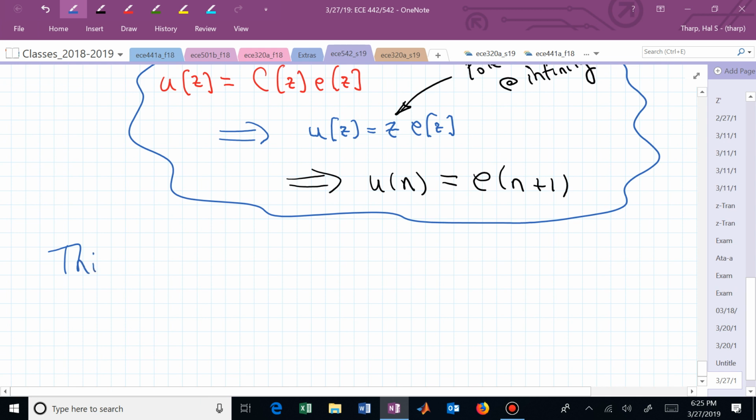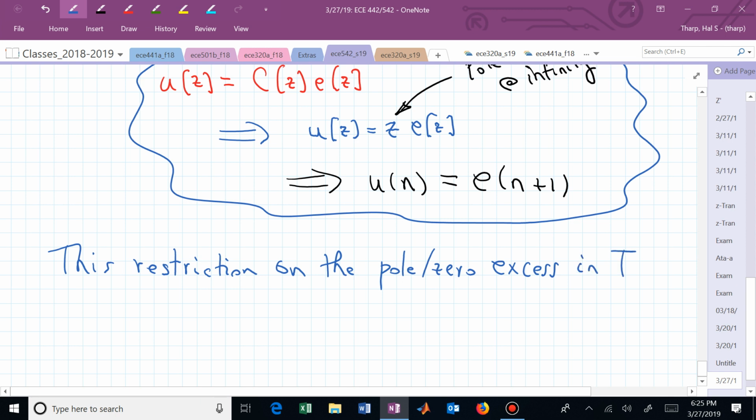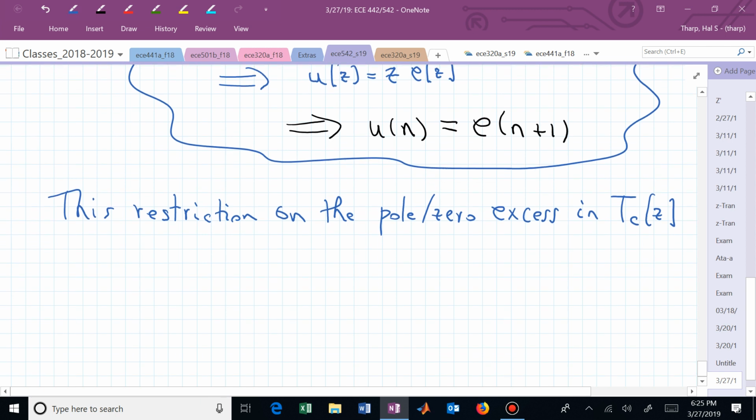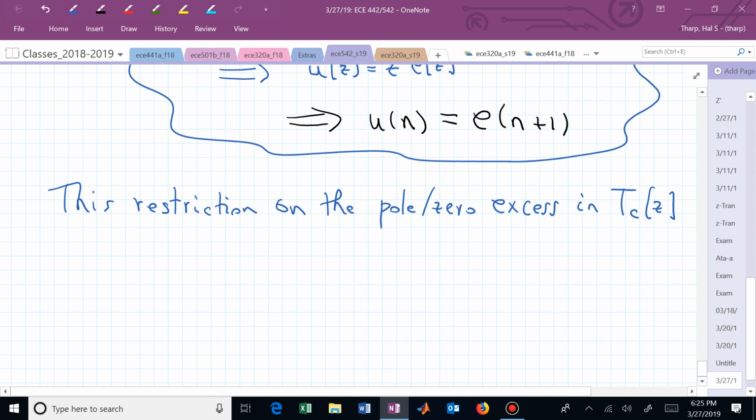So this restriction on the pole zero excess in our desired closed loop transfer function, T sub c of z, I hope makes sense.